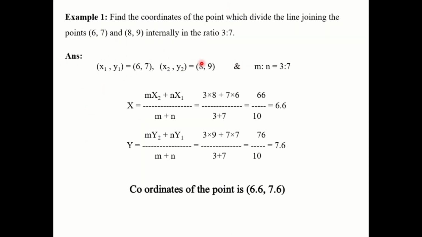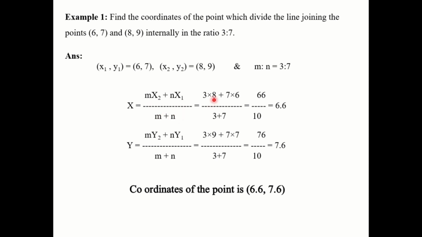Now we are going to solve one problem. Find the coordinates of the point which divides the line joining the two points 6, 7 and 8, 9 internally in the ratio 3:7. What is given? x1, y1, x2, y2 and m, n are given. By using the section formula for internal division, x is equal to mx2 plus nx1 divided by m plus n.